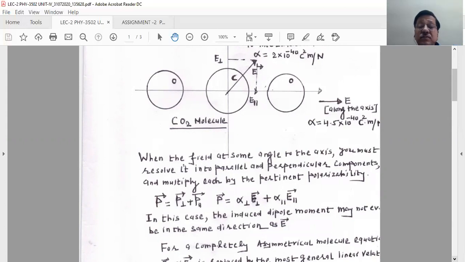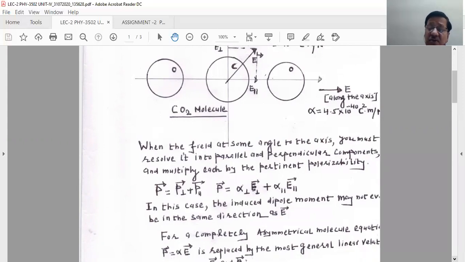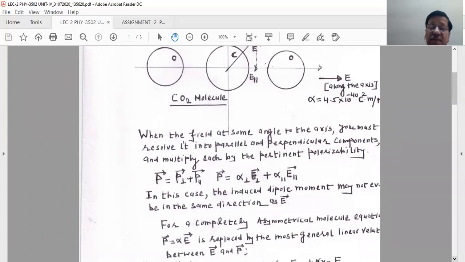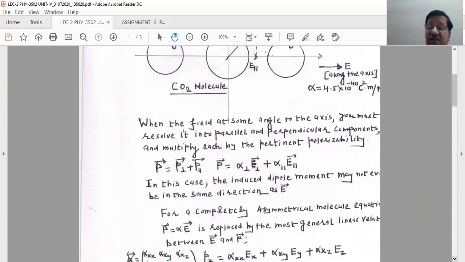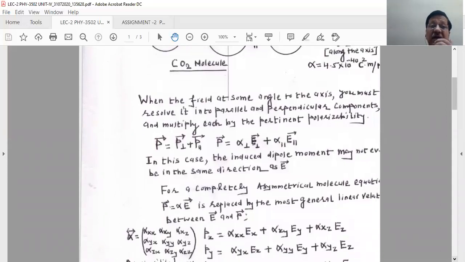But now you have some asymmetric molecules, or some complex molecules, and when you keep asymmetric molecules in the electric field, to study the polarization of asymmetric molecules or a complex molecule, we have to take care about the coordinate axis.